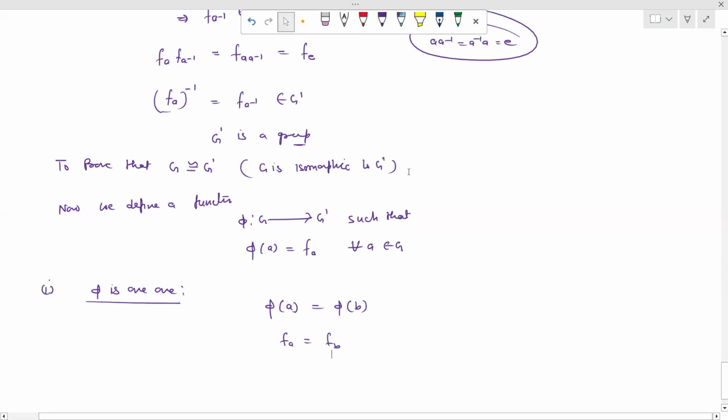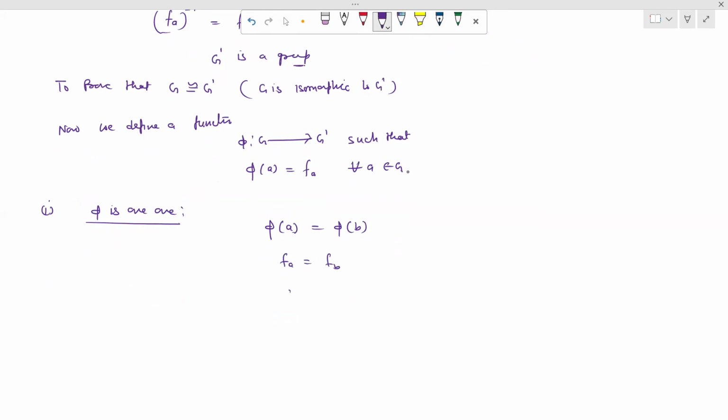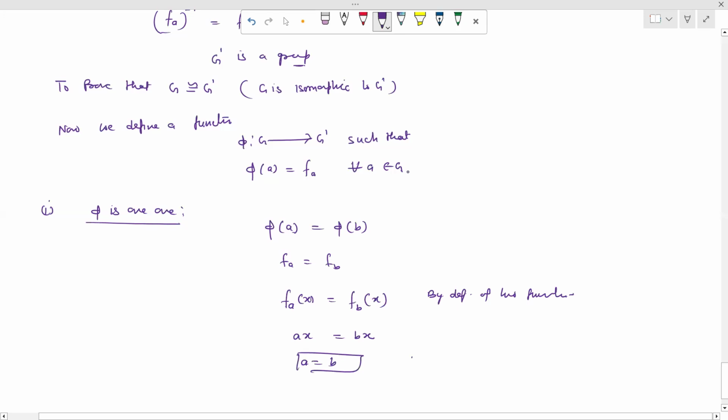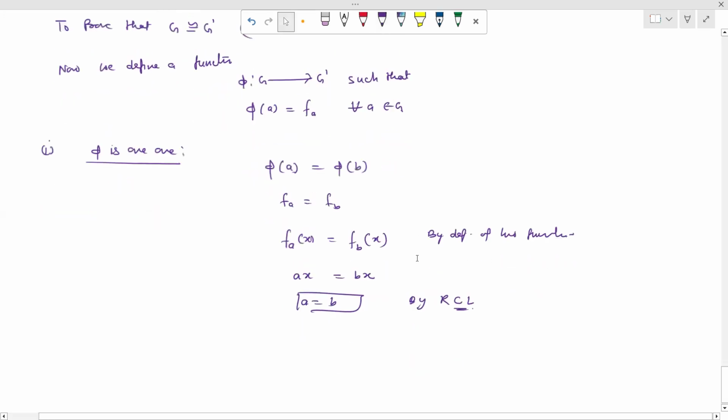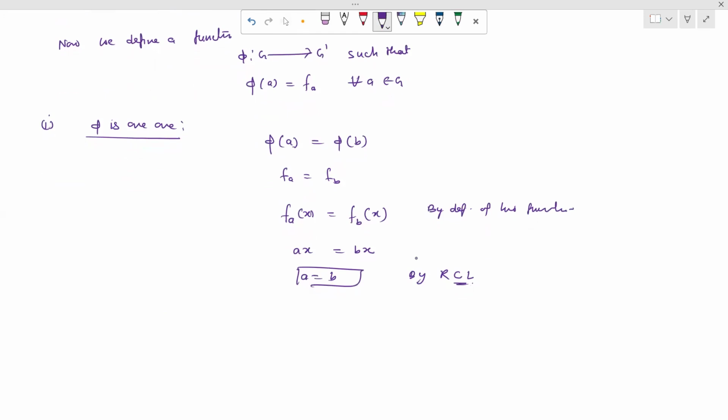So f(a) of x equals f(b) of x, which can be written as ax equals bx by the definition of the function we defined previously. By using the right cancellation law, a equals b. So the function is one-one.